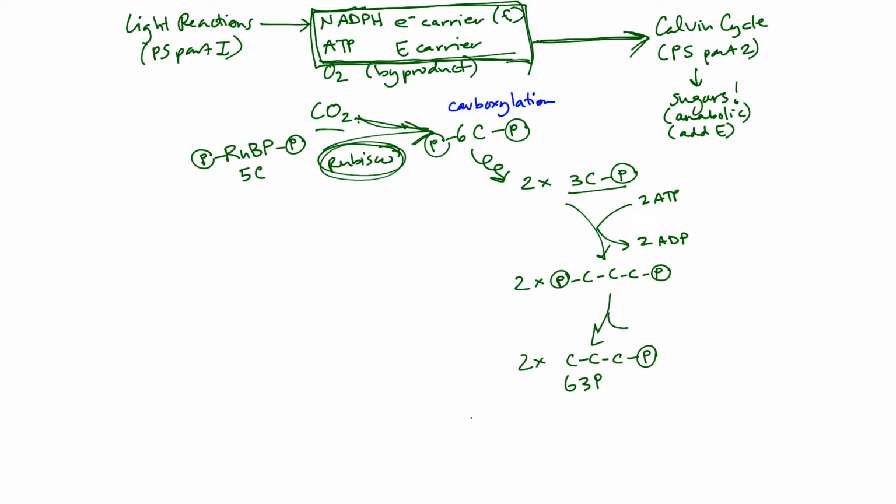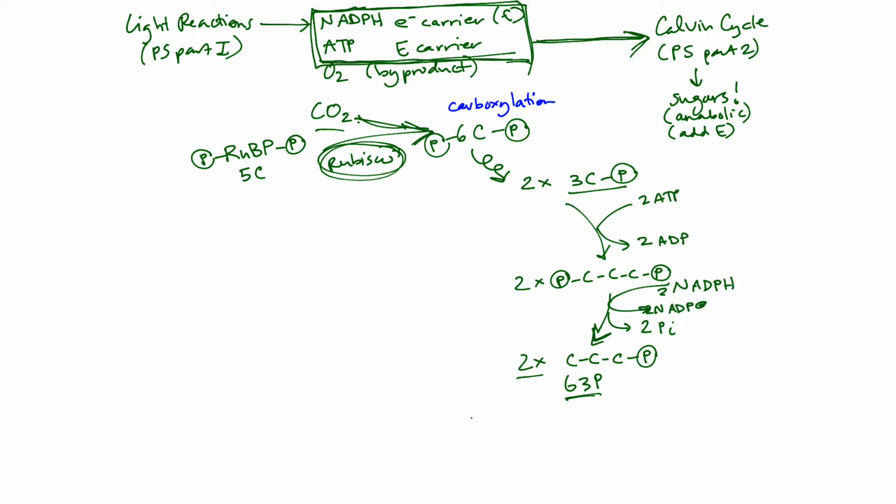So here we're losing 2 phosphates because we've got 2 molecules here. And G3P, you'll recall, was one of our intermediates in the citric acid cycle. So in order to produce this G3P, we actually need to use NADPH and then release 2 molecules of NADP+.